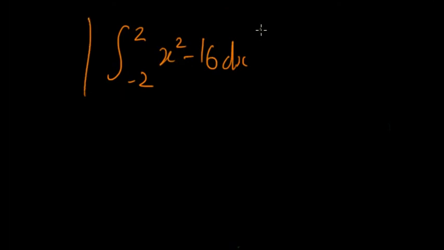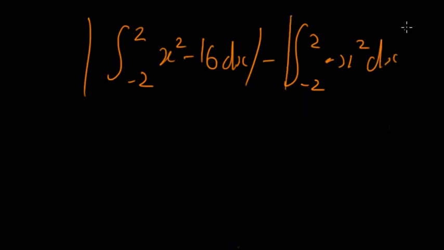So solving this, we're going to get the integral from negative 2 to 2 of x squared minus 16 dx. Take the modulus of that, subtract it from the integral from negative 2 to 2 of negative x squared dx, once again taking the modulus of both of these.